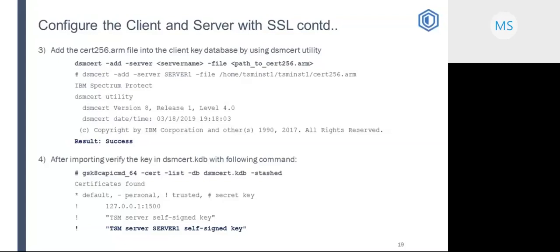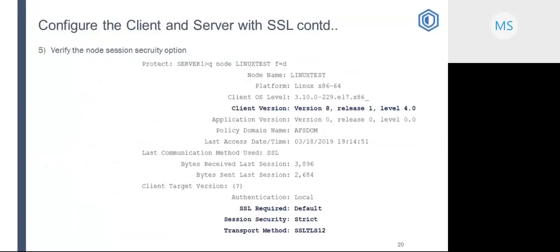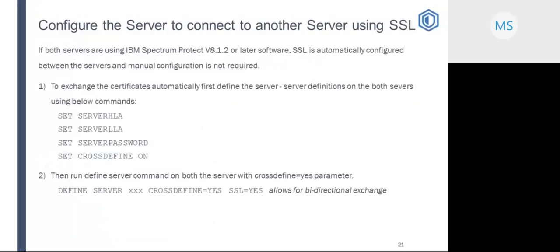Then moving to slide 20. After that, you try to connect to the server from the client, then check the query node definition. You should see that SSL is configured and the session security parameter is set to strict. This confirms SSL is configured successfully. And moving to the next slide about server-to-server configuration using SSL.